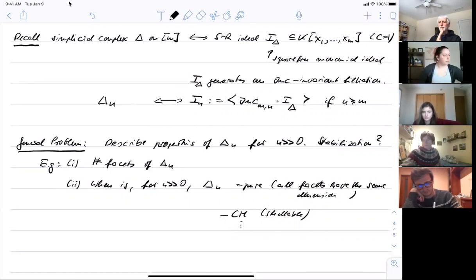Yeah. So, both in Martina's lecture and in your lecture, you're basically saying that a simplicial complex corresponds to the Stanley-Reisner ideal. But I guess that's true if you know how many vertices or how many variables you're using.